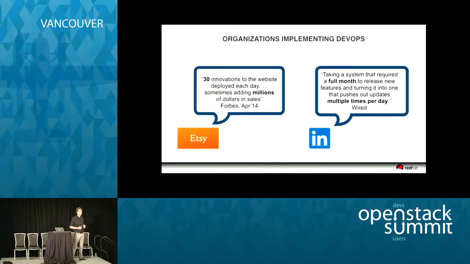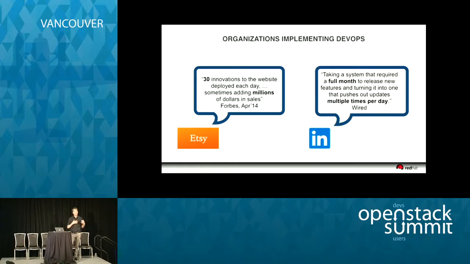And they're not alone. Other leaders around DevOps are Etsy and LinkedIn. Etsy does up to 30 updates a day, some having millions of dollars of top-line impact on their revenue. LinkedIn moved from a 1 month release cycle to multiple times a day. And it's not about how many times you can update your site in a day.